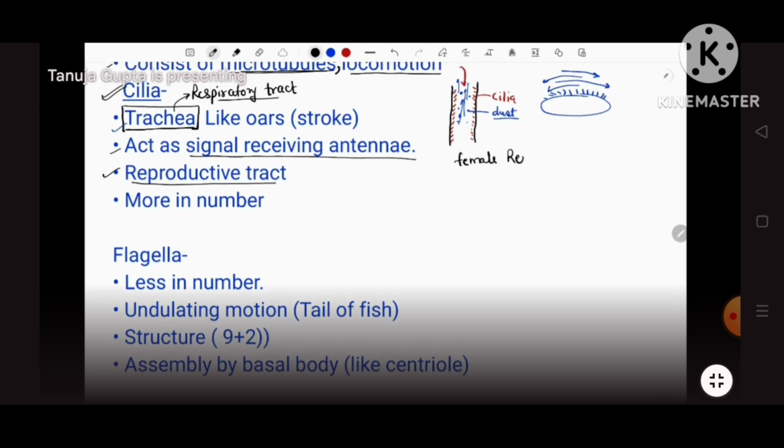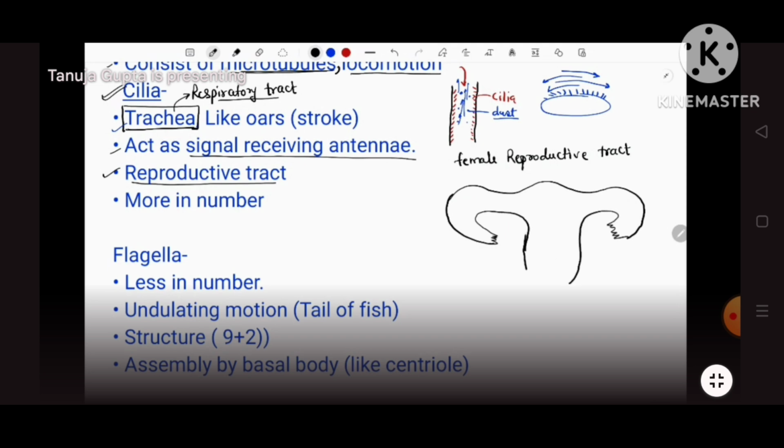Let's talk about the female reproductive tract. Tract means that pathway. So this is the female reproductive system. Here this is the uterus.